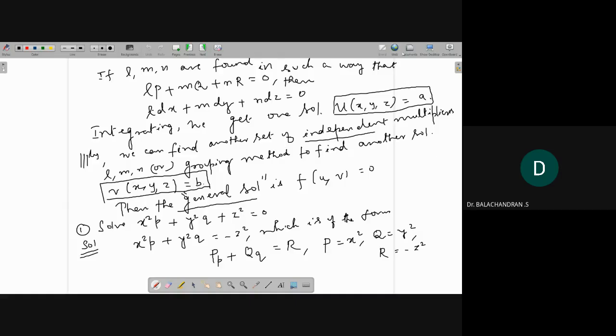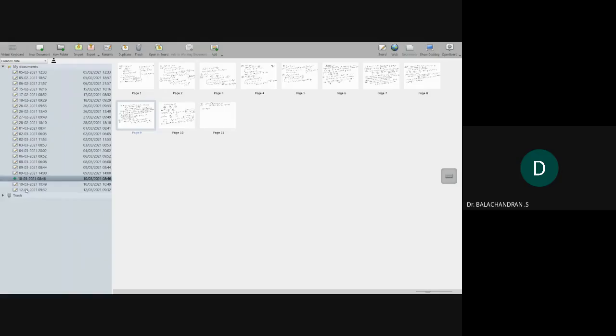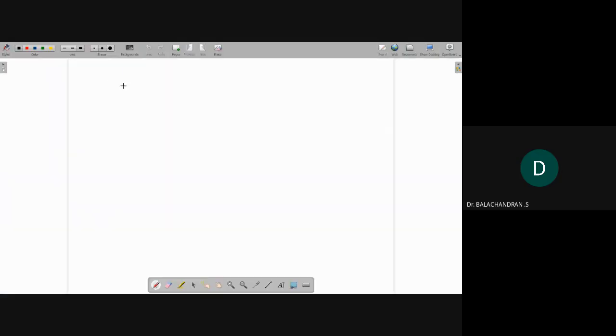Now I'll go to the second problem in Lagrange's equation. Solve xz p plus yz q equal to xy.